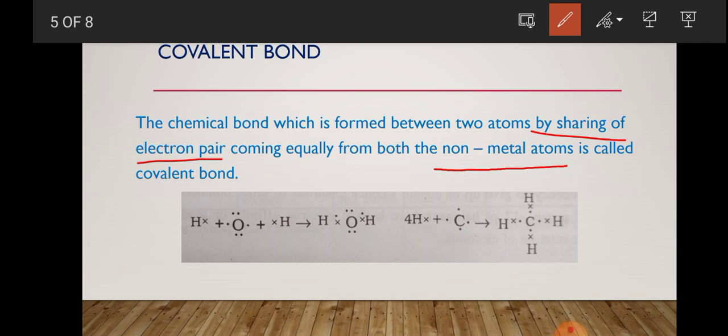For example, hydrogen and oxygen atoms combine to form covalent water molecules by sharing of electron pair.